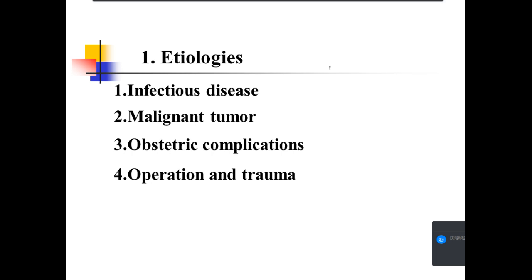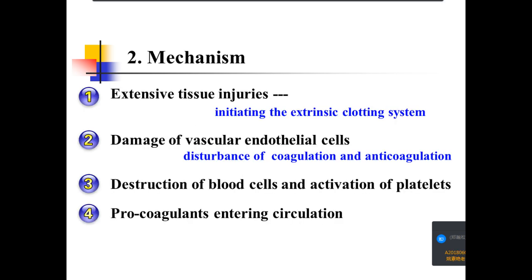That is the etiology of DIC. Second, the pathogenesis of DIC also includes four. The first, extensive tissue injury stimulates the intrinsic coagulation pathway. Second, damage of vascular endothelial cells leads to imbalance of coagulation and anticoagulation. Third, destruction of blood cells and activation of platelets.